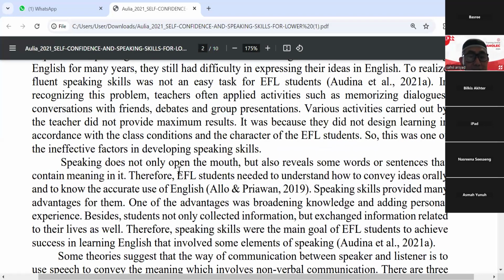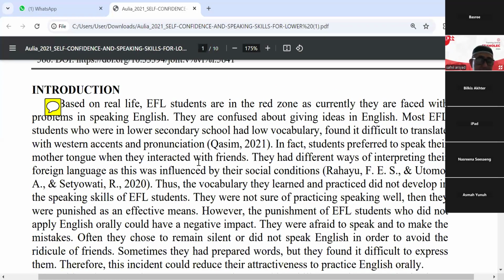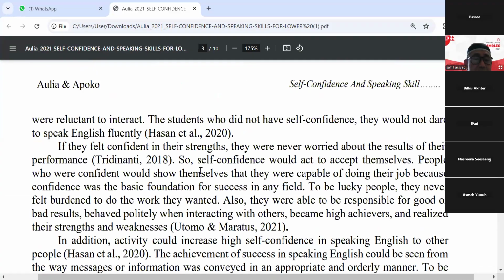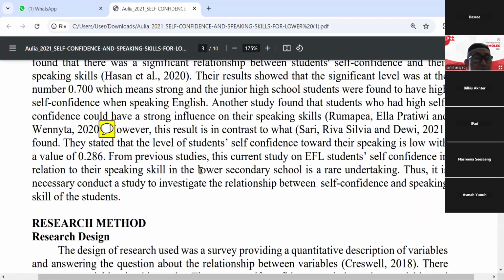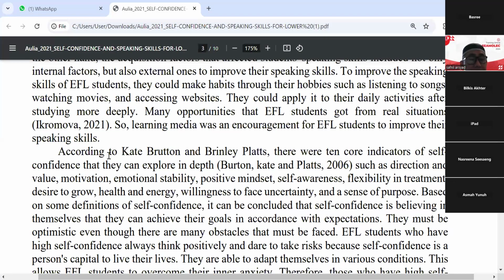Speaking does not only, you can compare it. The literature review discusses the study's research results, not opinion. Here, according to Kate Bratton and Brandley Platt, there were 10 score indicators.